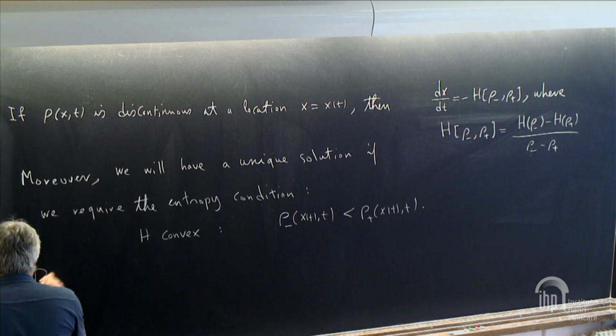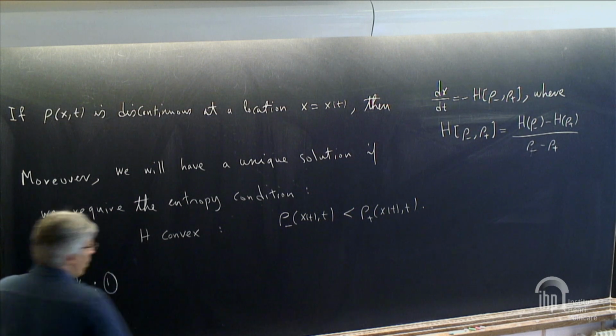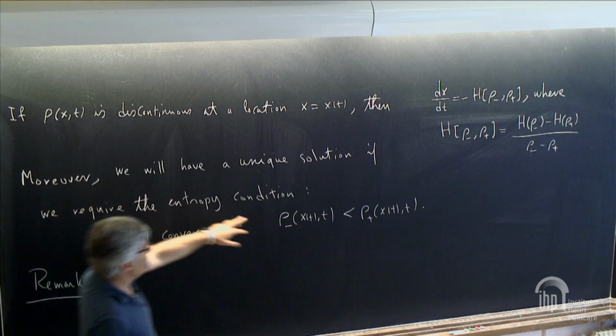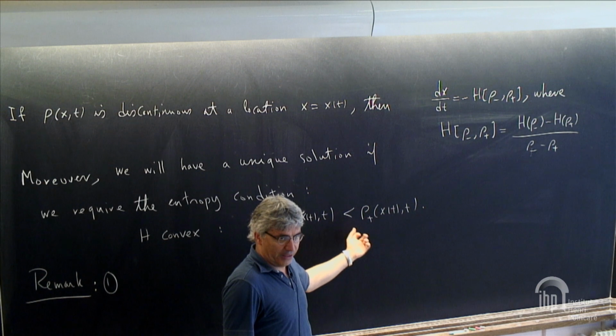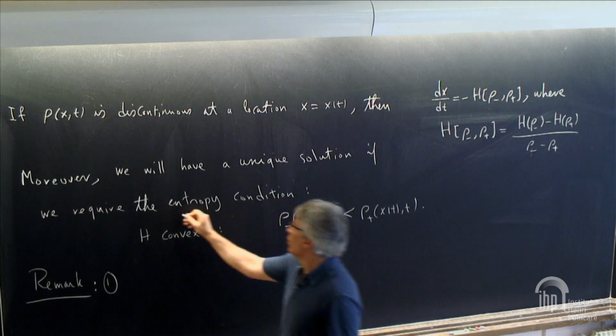So let me make a remark here. Remark 1. So 2 remarks. One is that if initially you start with a function that has the so-called wrong type of discontinuity, that discontinuity should disappear, because it cannot survive by the entropy condition.